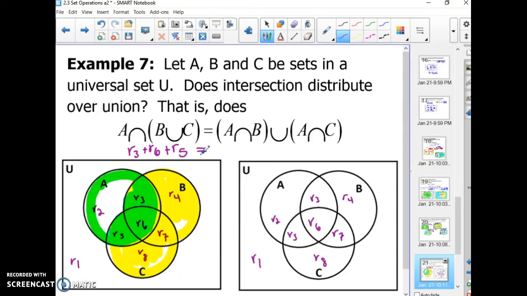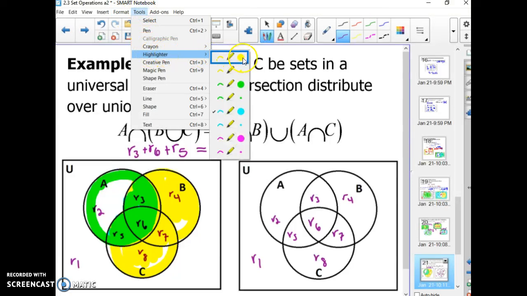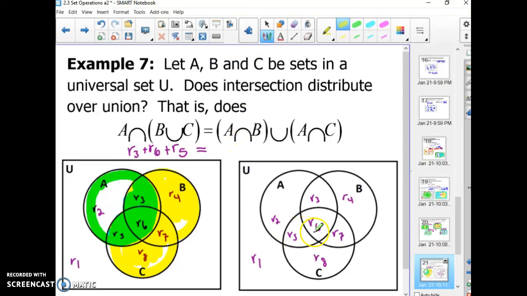All right, the next thing to talk about is A intersection B. Let's highlight that. Tools, highlighter. A and B's intersection is right here. And then I have A intersect C. A and C's intersection is right here.